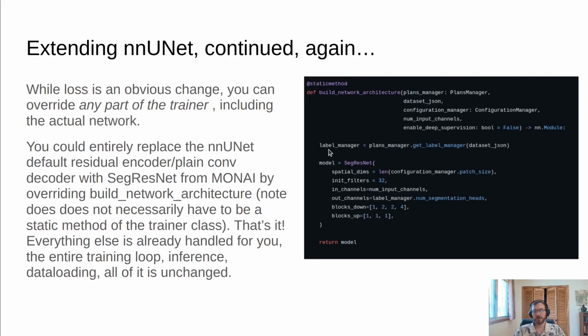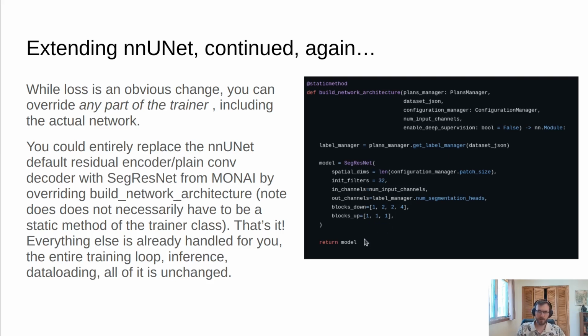You can also do a lot more. Loss is an obvious one, but you could do anything you want. If you wanted to do SegResNet like with MONAI or some other architecture, maybe some kind of transformer architecture, all you've got to do is literally import SegResNet from MONAI and then just say model equals SegResNet and return the model. And you're using a different model.